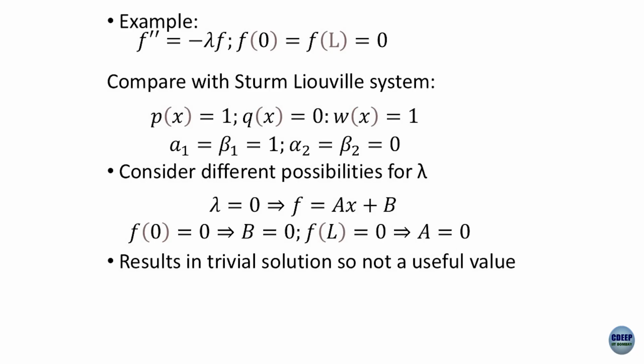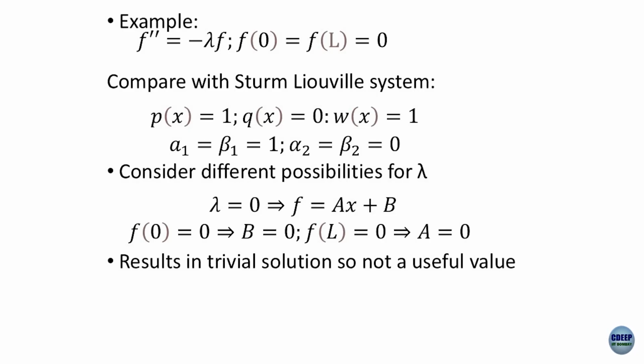For the lambdas, once again, you have to be careful with what the values are. So for one last time we did lambda equal to 0. We showed that the result is a trivial solution. Remember the previous time when we worked this out, we looked at e to the minus lambda squared t as the vehicle to understand that lambda equal to 0 comes up with a trivial solution.